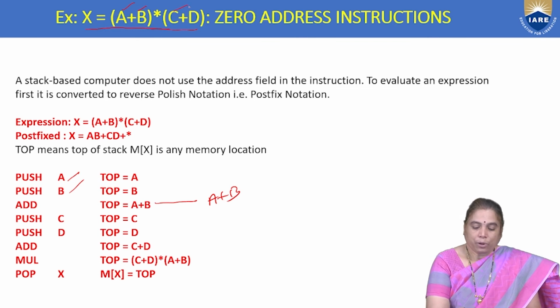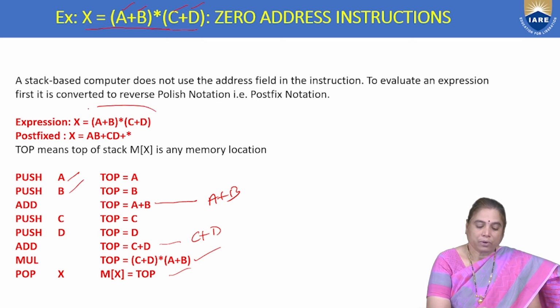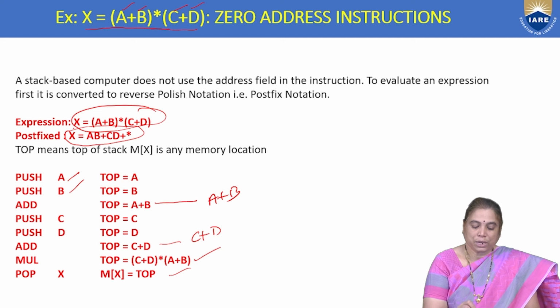Next, the other 2 operands involved are pushed: push C, push D. So C and D are placed in the stack. Next, add means the C plus D operation is carried out. Next, MUL means multiply C plus D with A plus B. Next, pop X means the result at the top is stored in X. Here the given expression can be easily evaluated by first converting it to postfix notation, and then evaluating it based on this postfix expression.